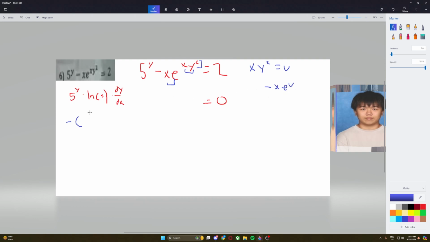So the derivative of negative x times e to the u is equal to e to the u times x times e to the u. But wait, no, this is a plus, by the way.